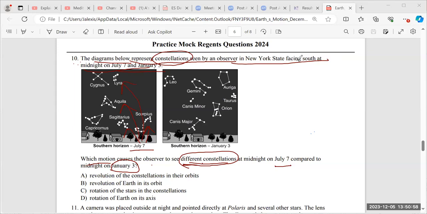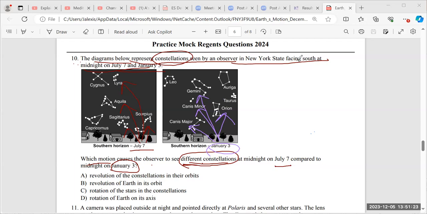However, on January 3rd, I don't see Sagittarius or Aquila anymore. Now I'm seeing different constellations: Orion, Canis Minor, Gemini. What is the reason why I'm seeing different constellations at different points throughout the year?